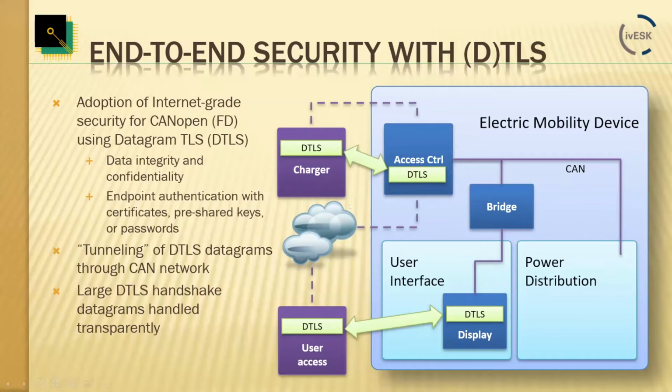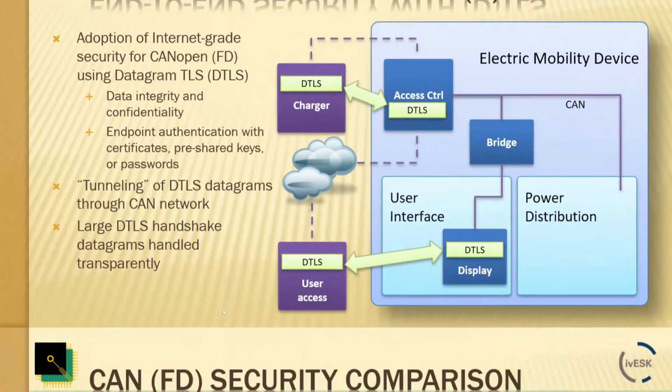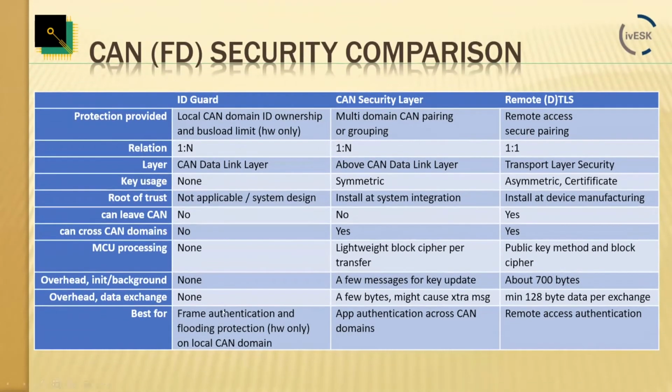So as I said, this is best for everything leaving the system. Now, really the most time we spent together originally when we wrote this paper together with NXP, with Andreas and Axel, was this table here.